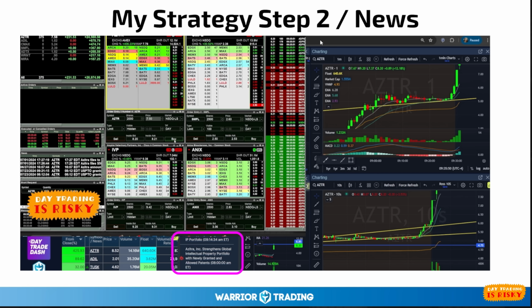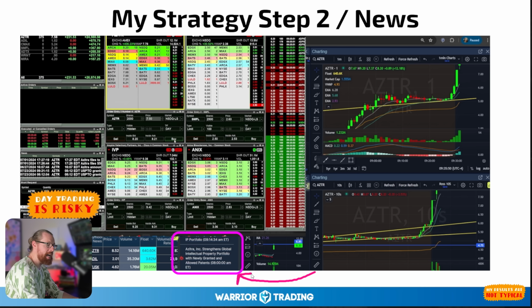So step 2 is to check to see what the catalyst is. Why is this stock up this much? So in this case, we had a news headline, and typically there will be some type of news that's driving the stock up, although there are times where we'll see something that's up 50%, 100%, and in fact, there's not a very clear catalyst.